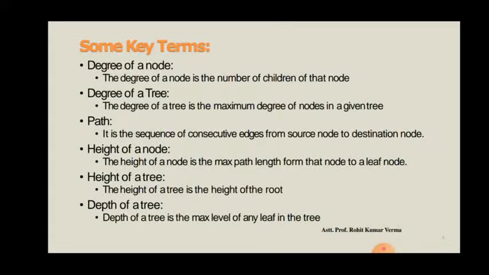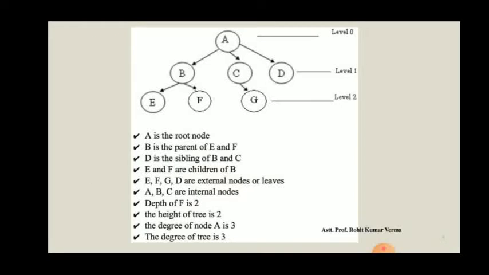In this image you can see, if we have to find the path from node A to node E, first we cover our first edge, from A to B. Then we cover our next edge from B to E. So this is our path from A to E. The path is A to B, comma, B to E.